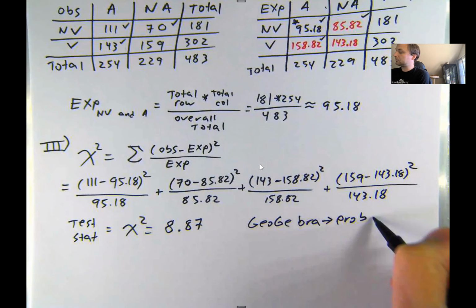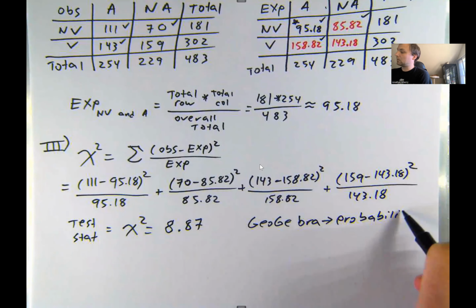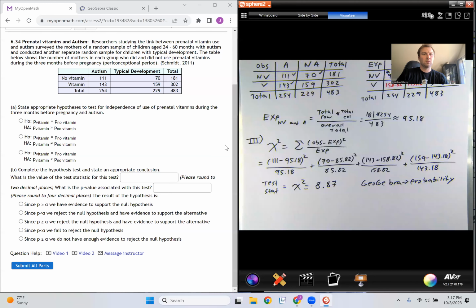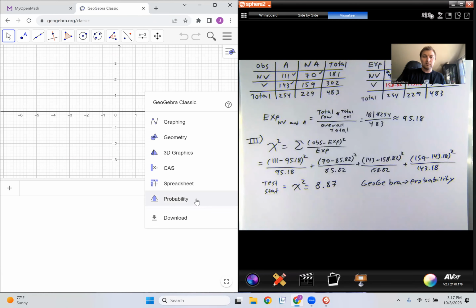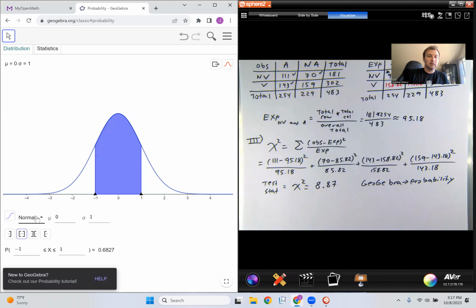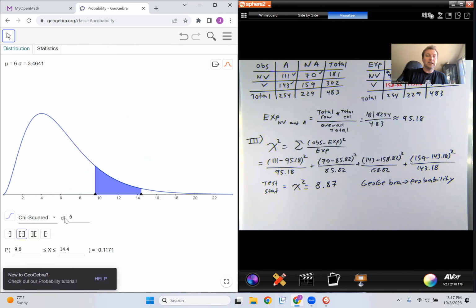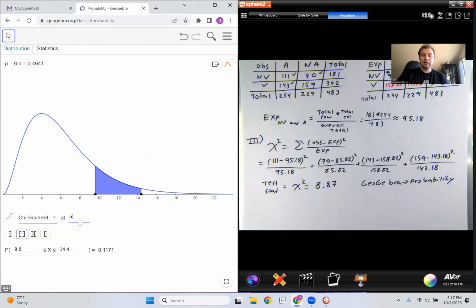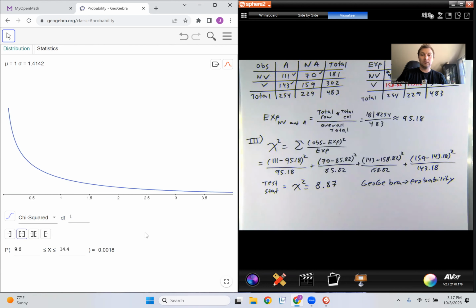So if you want to look this thing up in GeoGebra or your graphing calculator or whatever you're using, I'm going into probability, and I'm looking at the chi-squared distribution. It's going to ask me for my degree of freedom, and my degree of freedom here was 1.